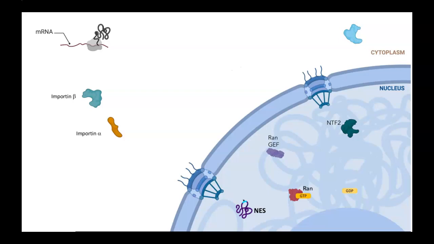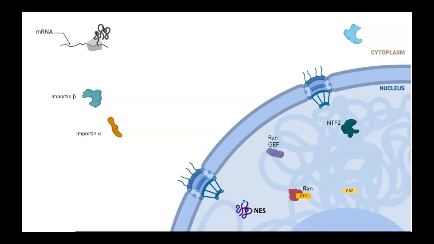And if an exportin, a molecule that can bind to the protein and move it out of the nucleus, binds to the nuclear export signal, the protein will be moved back to the cytoplasm. If the protein in the cytoplasm has the nuclear localization sequence exposed, it can be moved into the nucleus.